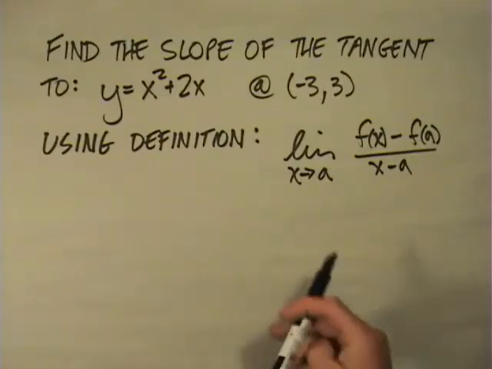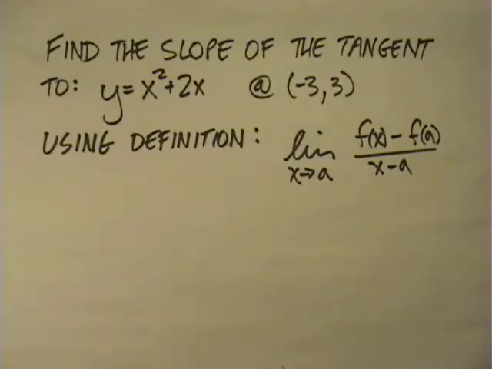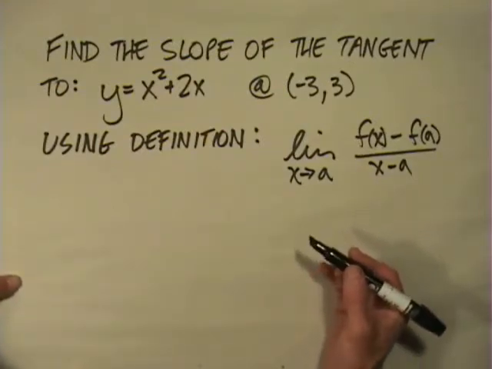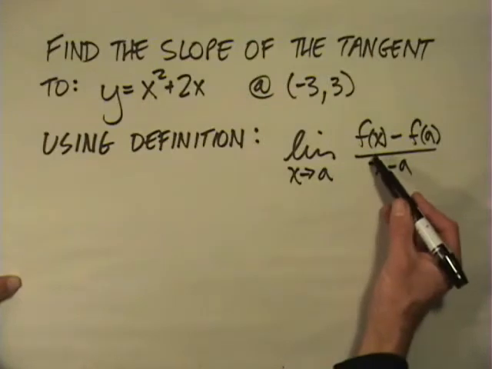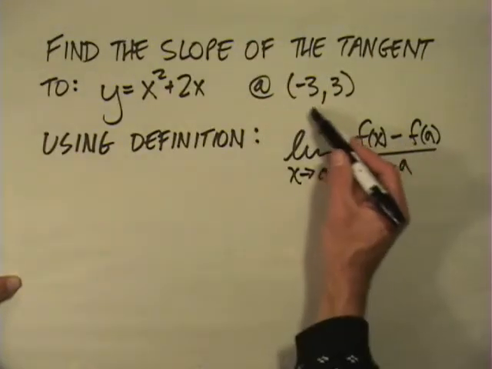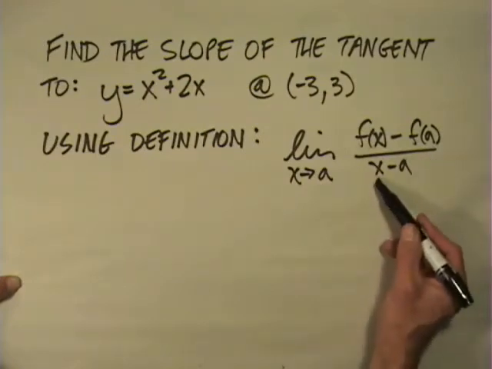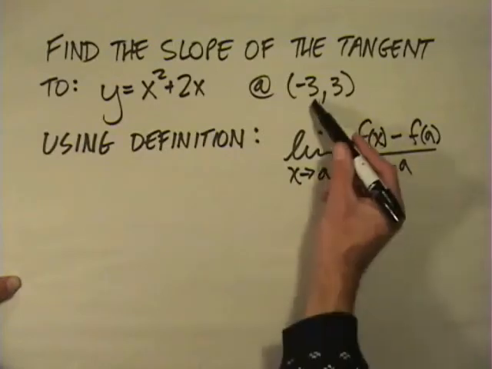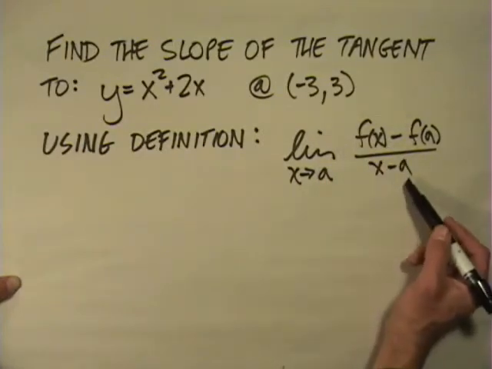We're going to use the definition in this case, and this is what you've become a little bit familiar with, I hope. So what we do is we take the actual function, and then we take the value of the function at our point, and we use x as a variable, and then we use the x value for our point as well.